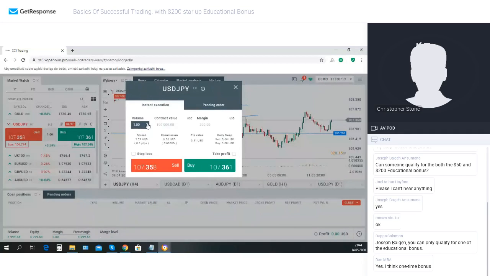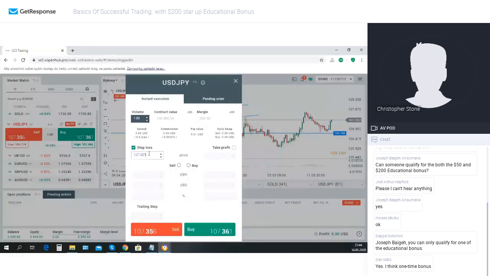So for example, we want to set a stop loss at 106.65. What can I see right now? $660. So it's very, very high, right? So I have to go really much lower. 0.2, 130.